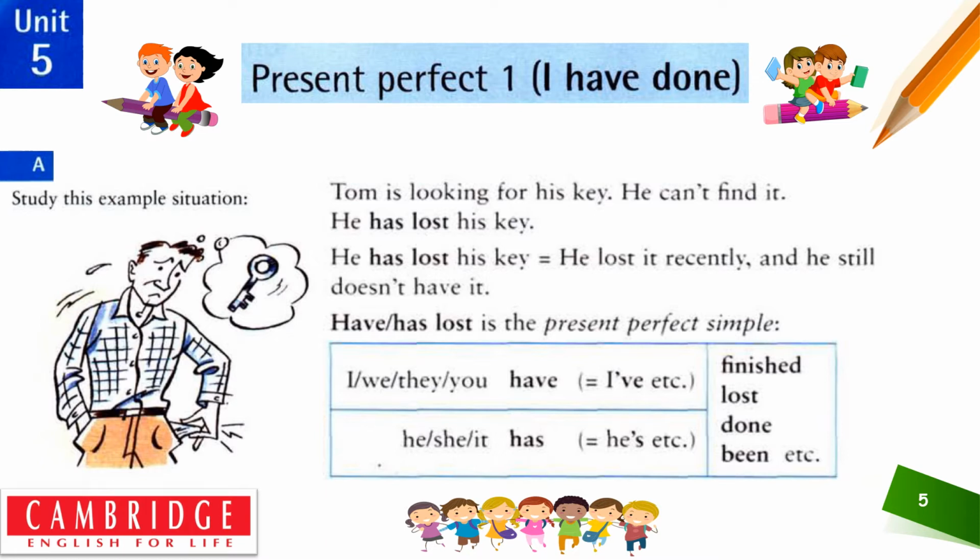Whereas third person singular, that is he, she, it, for these pronouns we use has plus past participle. I have finished, we have finished, they have done, you have lost, etc. Secondly, when you take these pronouns he, she, it: he has done, she has finished, it has been, etc.